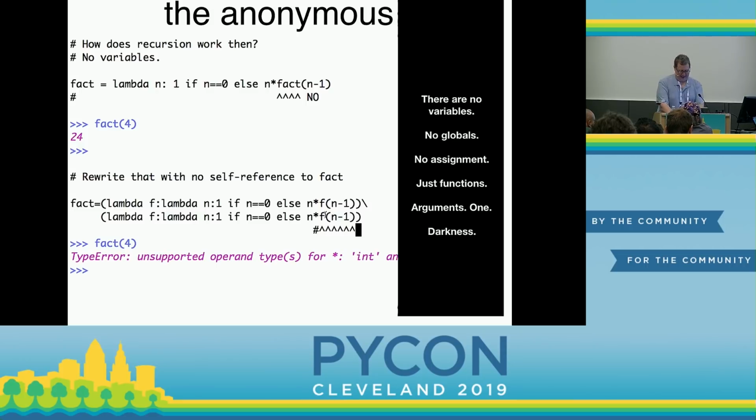When I do the recursive call and say f of n minus 1, I'm just passing the number. I need the f. Where's the f? I'm missing an argument. I have a 2 argument function, the f and the n, and I'm only passing one of them.